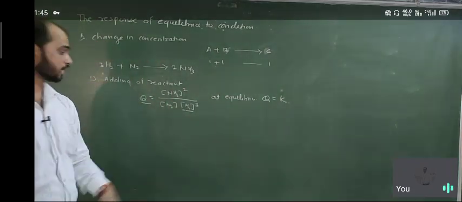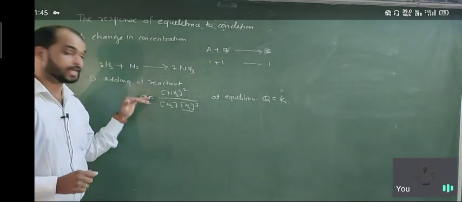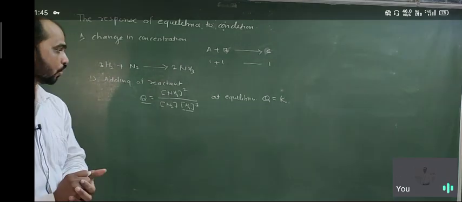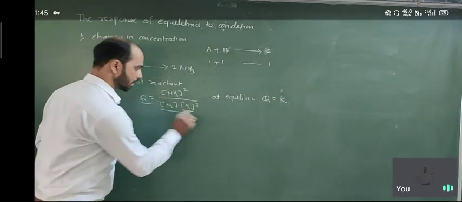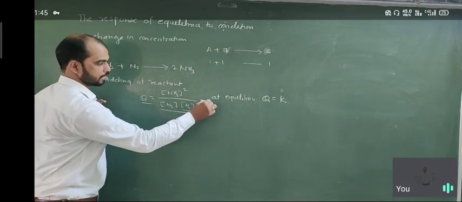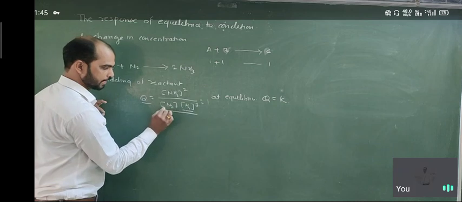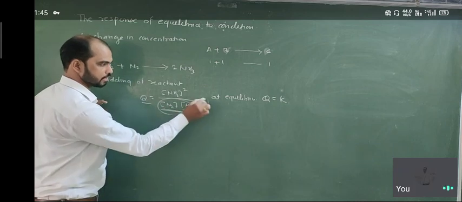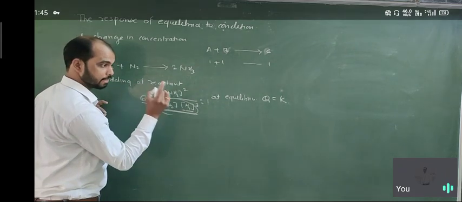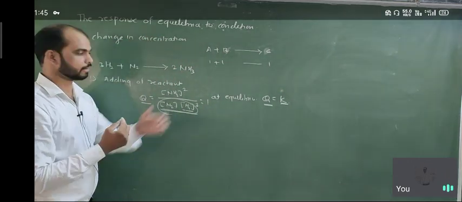If the concentration in the denominator increases, then the value of Q decreases, because this value increases. Suppose the ratio is 1. If you increase this concentration, the value decreases. So Q is less than K, because K is constant. So the quotient decreases.